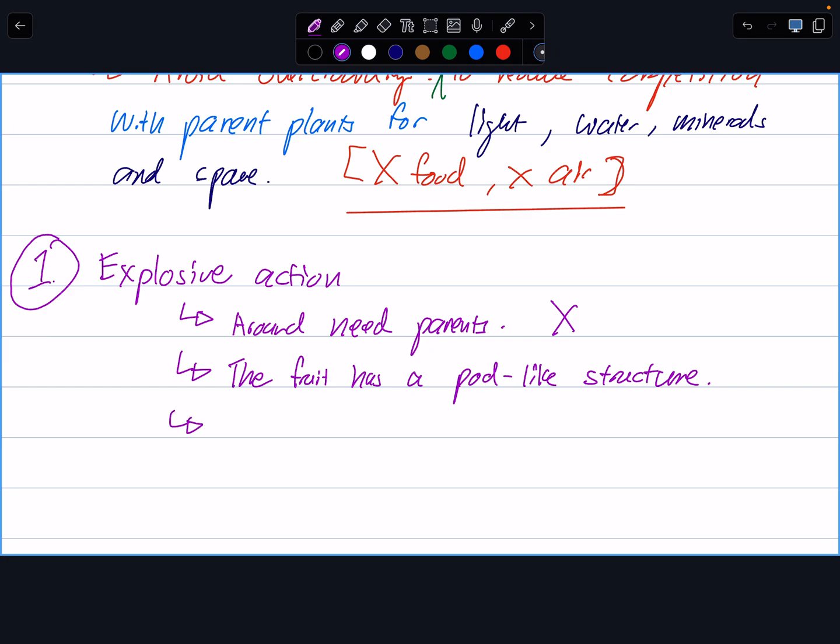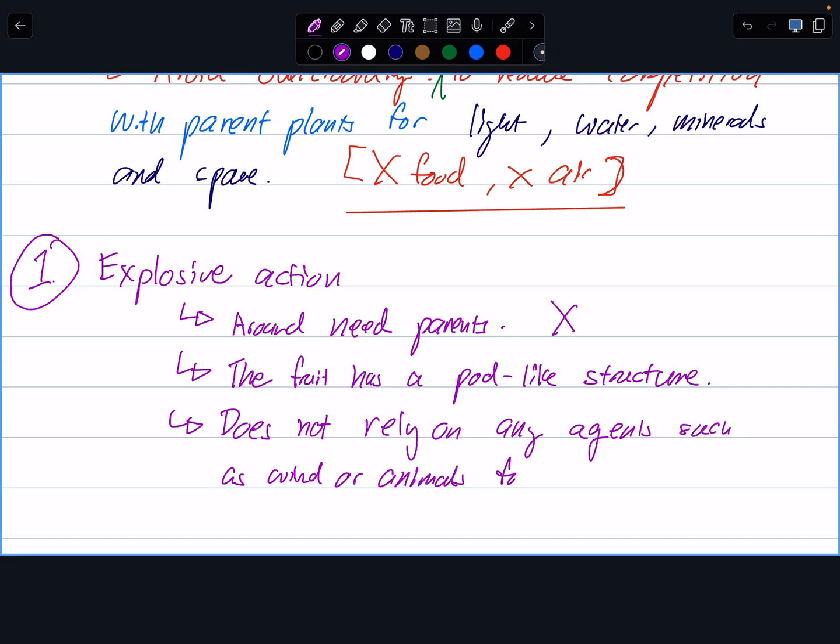The advantage is that it does not rely on any dispersing agents such as wind or insect or animal, wind or water for dispersal, right?